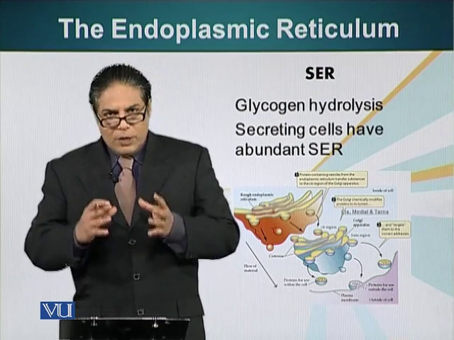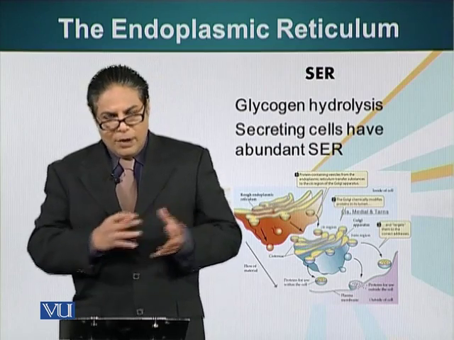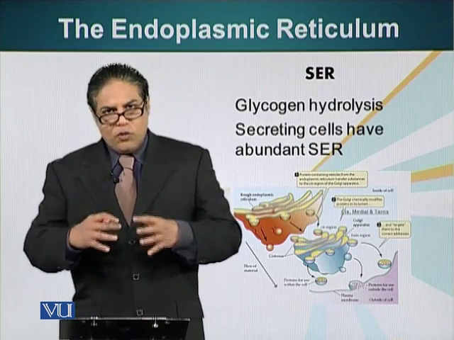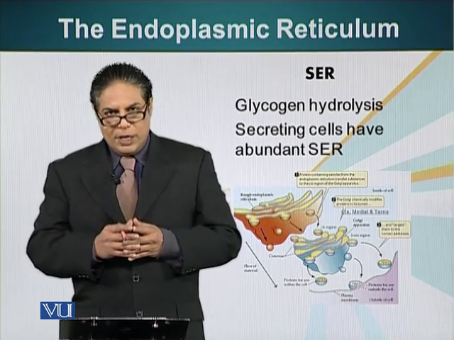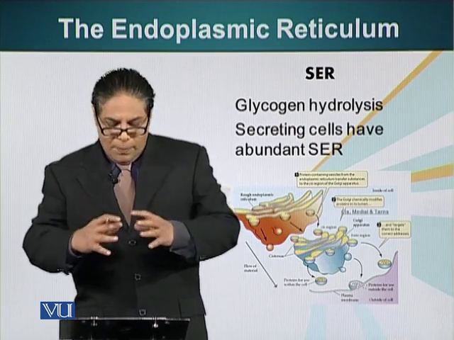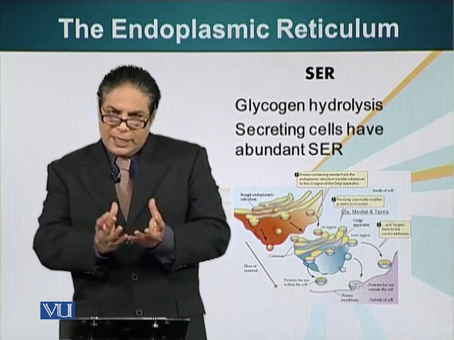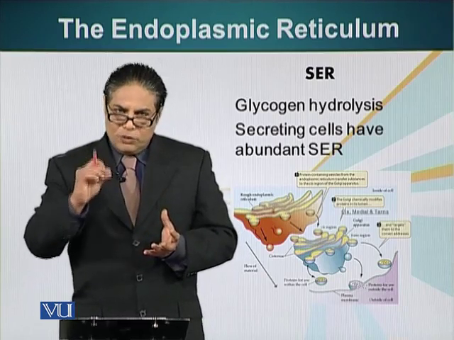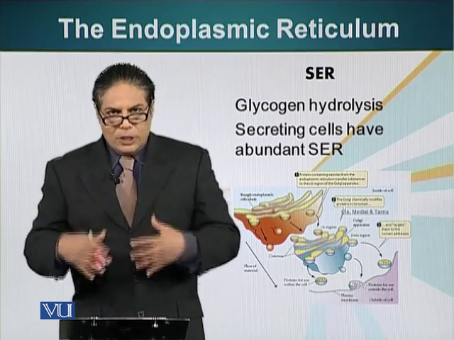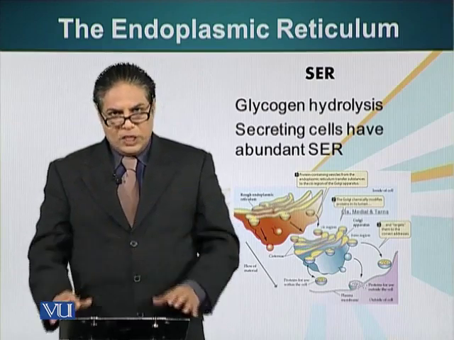The packages which are released from the endoplasmic reticulum are also released from the smooth endoplasmic reticulum part of the endoplasmic reticulum. Smooth endoplasmic reticulum is the site where these vesicles will form. They will fuse with the Golgi apparatus, which we'll talk about next. In Golgi apparatus, further protein modifications take place.